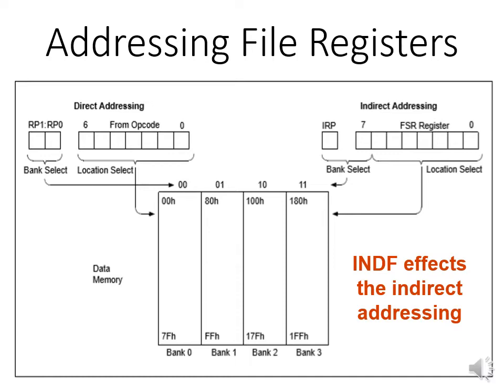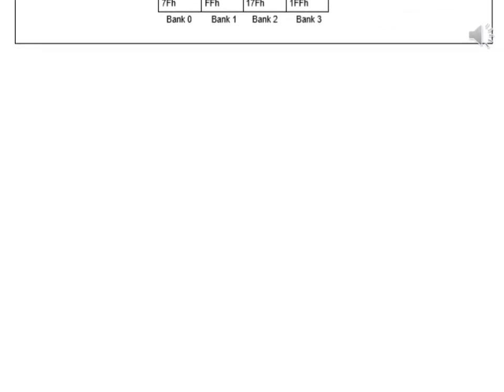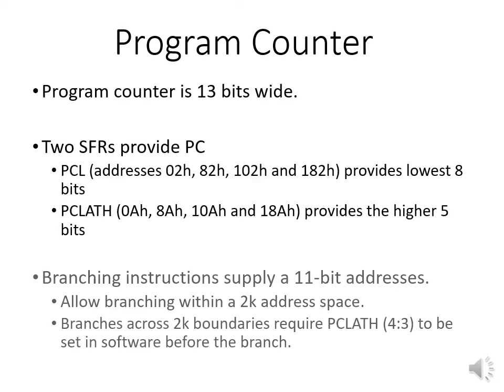The program counter for the PIC16F877 is 13 bits wide. This width corresponds to the 8K program memory address space. The program counter is held in two SFRs. These SFRs are PCL and PCLATH.